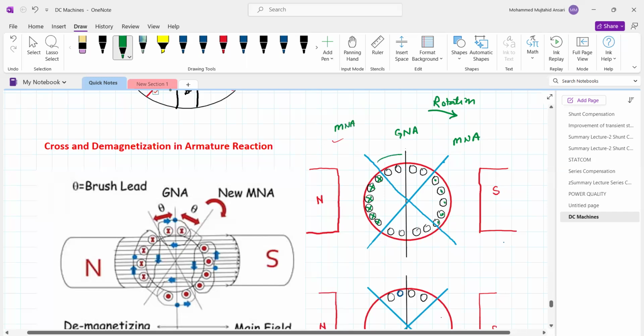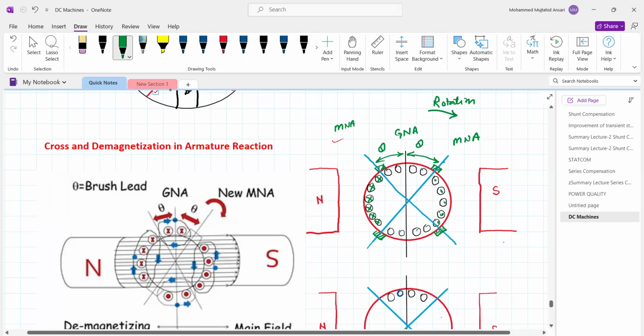Let the angle between these two be theta, and the same angle is made forward, and the brushes are shifted. So now the brushes are here, because the brushes should be on the magnetic neutral axis. And why they are on the magnetic neutral axis, we are going to discuss in the commutation process, or at the end of this discussion.